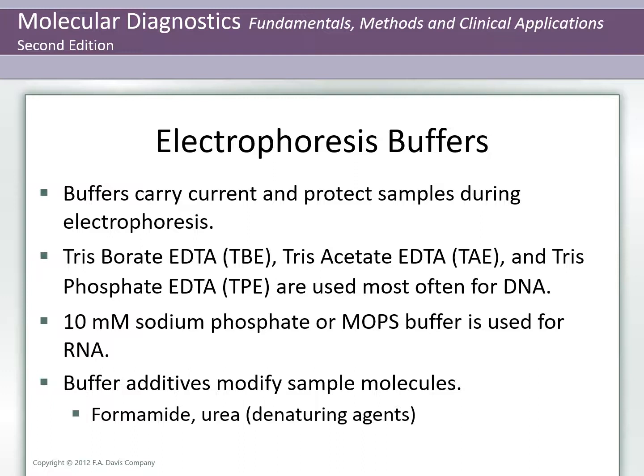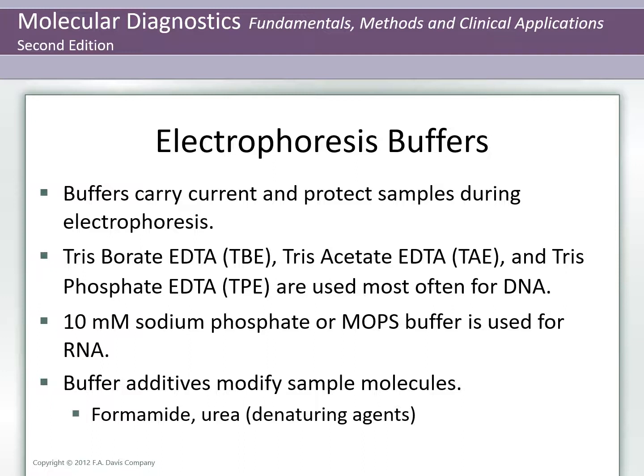Aside from protecting the sample from damage, the buffer also prevents severe fluctuation in the pH of the gel. In order for nucleic acids to migrate properly, the gel must be immersed in buffer that conducts the electric current efficiently in relation to the buffering capacity.